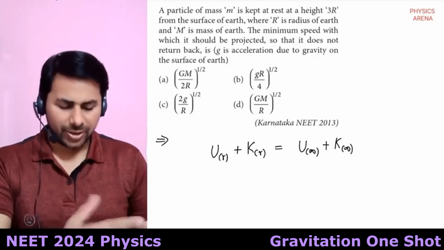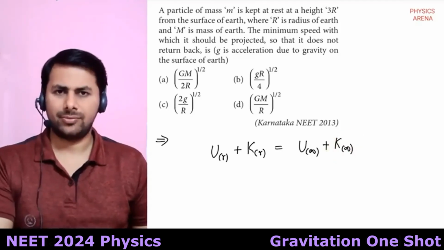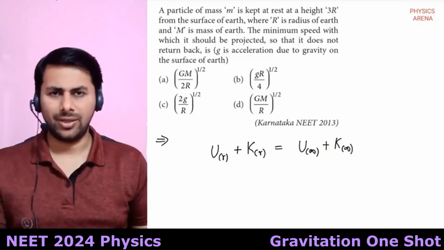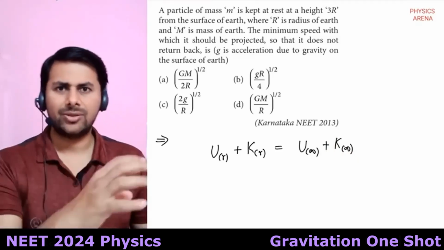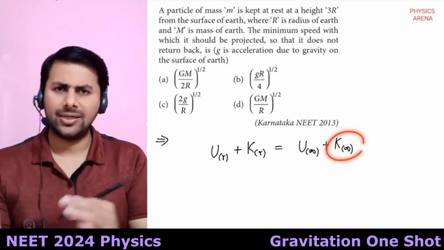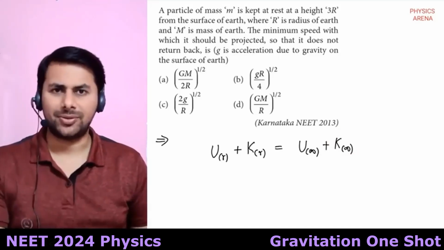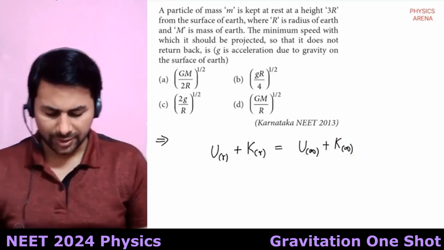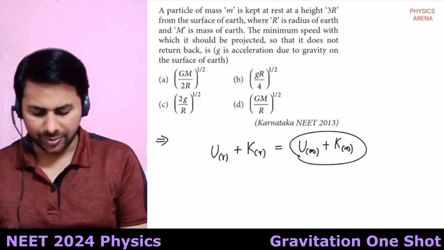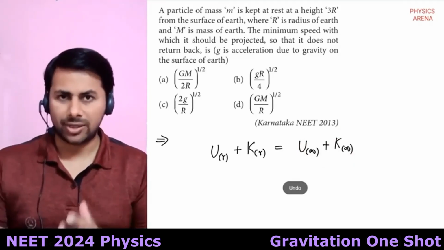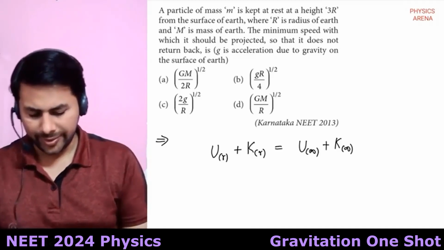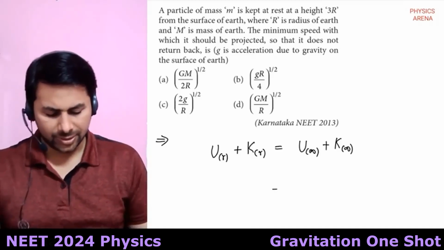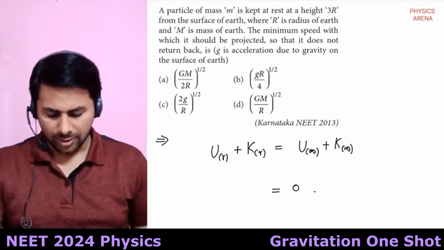At infinity, its velocity becomes 0. We actually want just the minimum energy with which we should throw it, so its kinetic energy at infinity will be 0. Potential energy is already 0. It will go to infinity and stop.